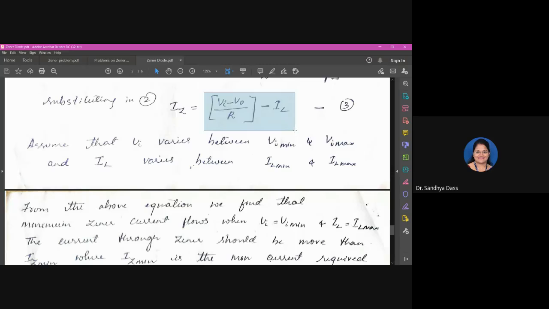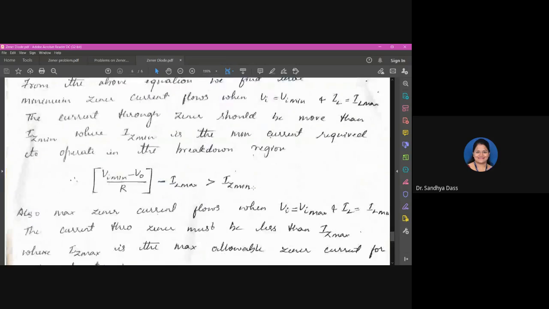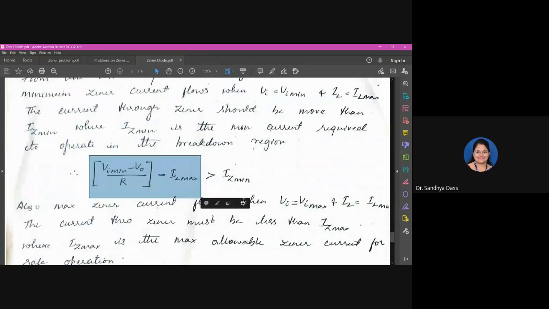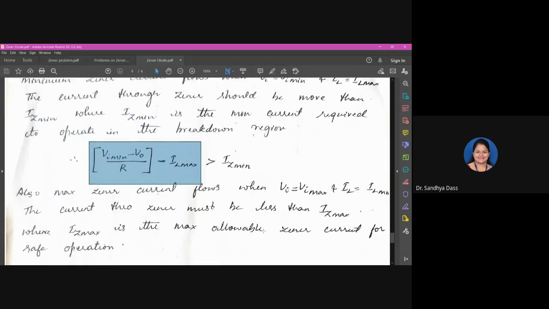So this difference, what we take, should always be greater than Iz minimum, to keep the Zener diode in the breakdown region. That is what I'm trying to say here, which is nothing but the summary of the discussion we had.